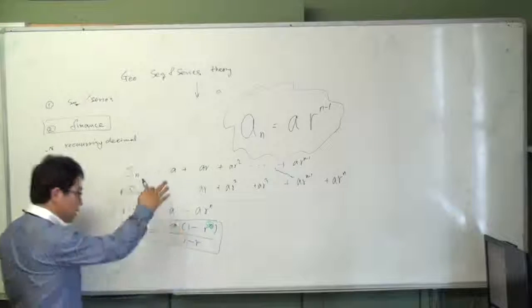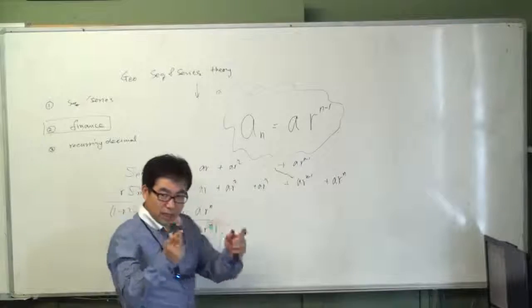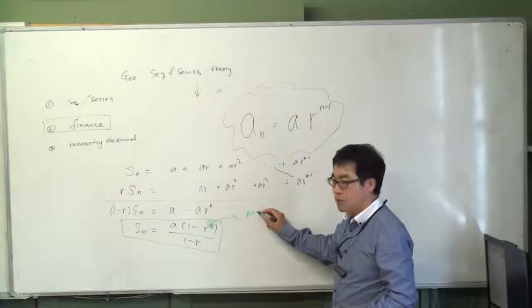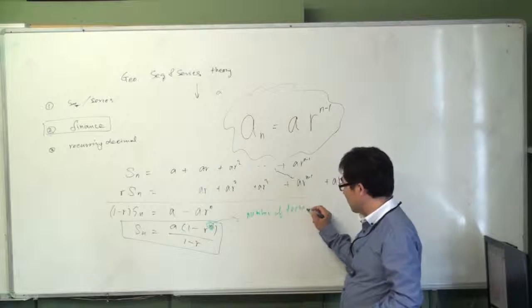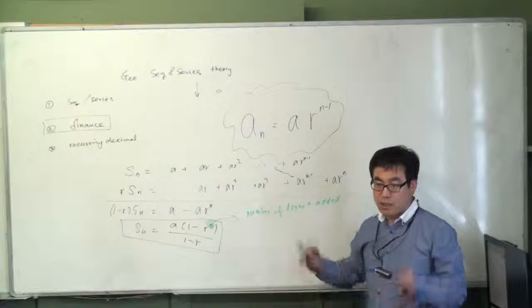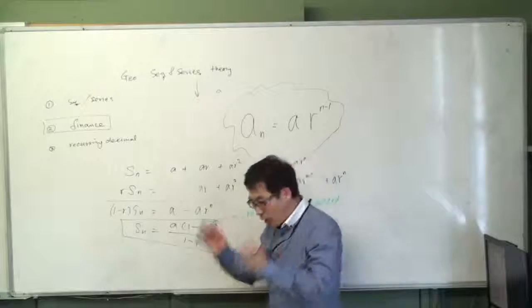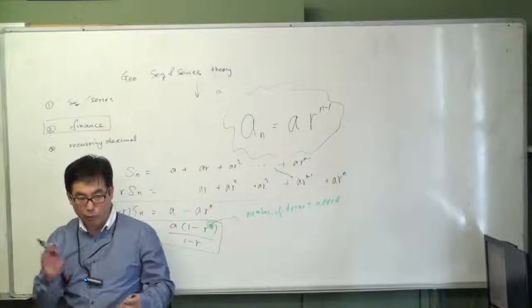It is n in this situation, but don't memorize it as n. What will be the exact meaning of n? Number of terms you are adding. Remember, that is the number of terms added. So 1 minus r to the power of the number of terms to be added, divided by 1 minus r.